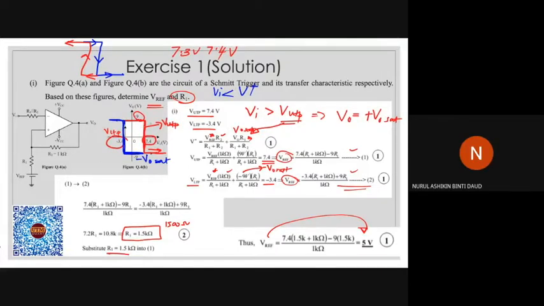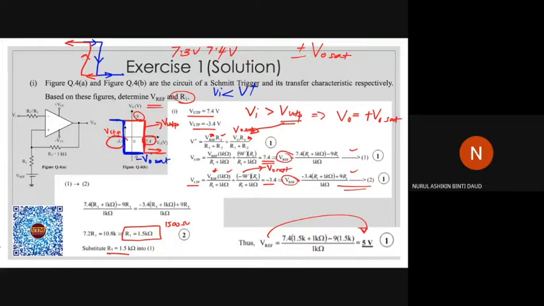But what you need to know, the most important thing, is that when a hysteresis graph is given to you, you need to know how to read this graph. What information can you get from this graph? For example, in this hysteresis shape, you can know the positive and minus value of VO saturation, which is positive 9 and minus 9.